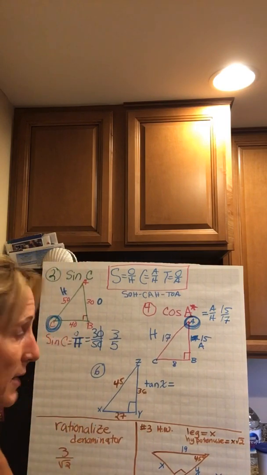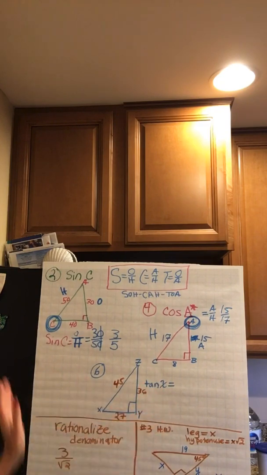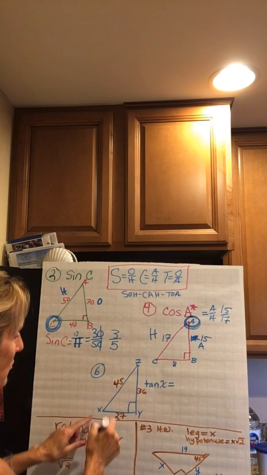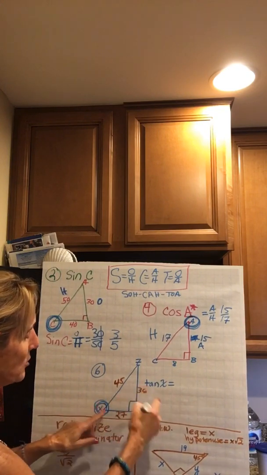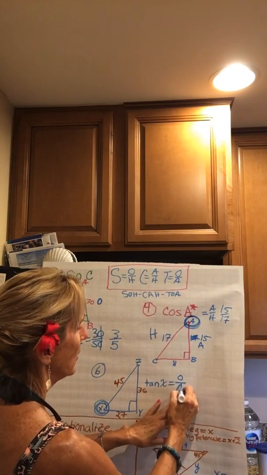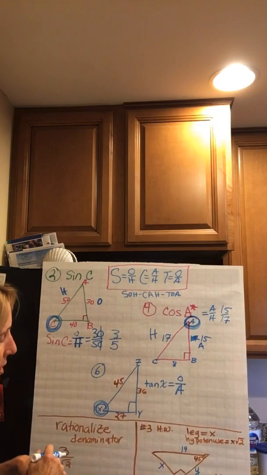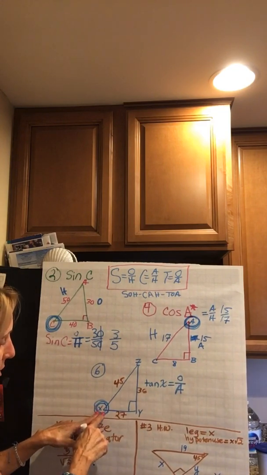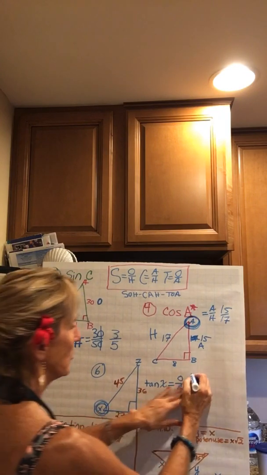And then the next one on this is tangent. The tangent of x. So let's go find our angle. I'm looking for this angle right here. So tangent is opposite over adjacent, SOHCAHTOA. Opposite of my x would be 36.